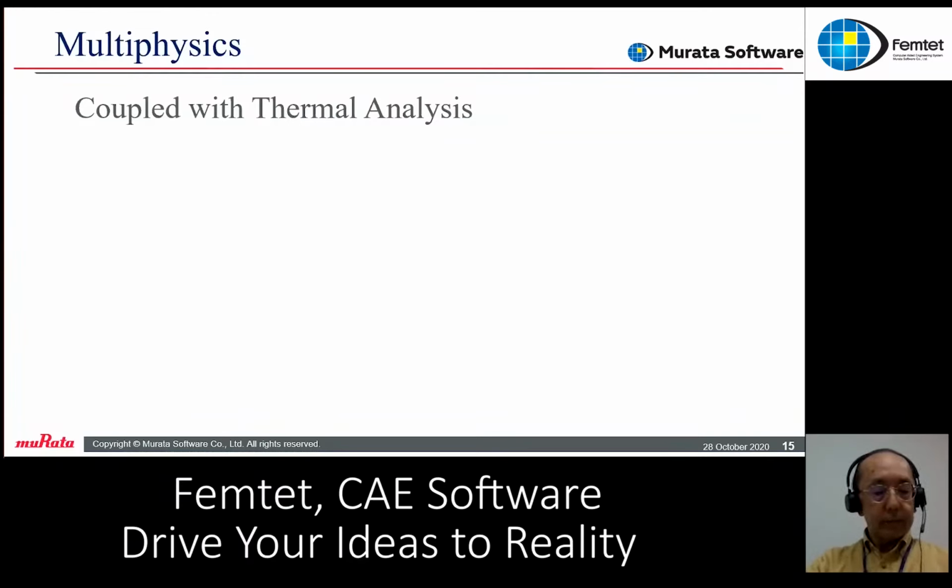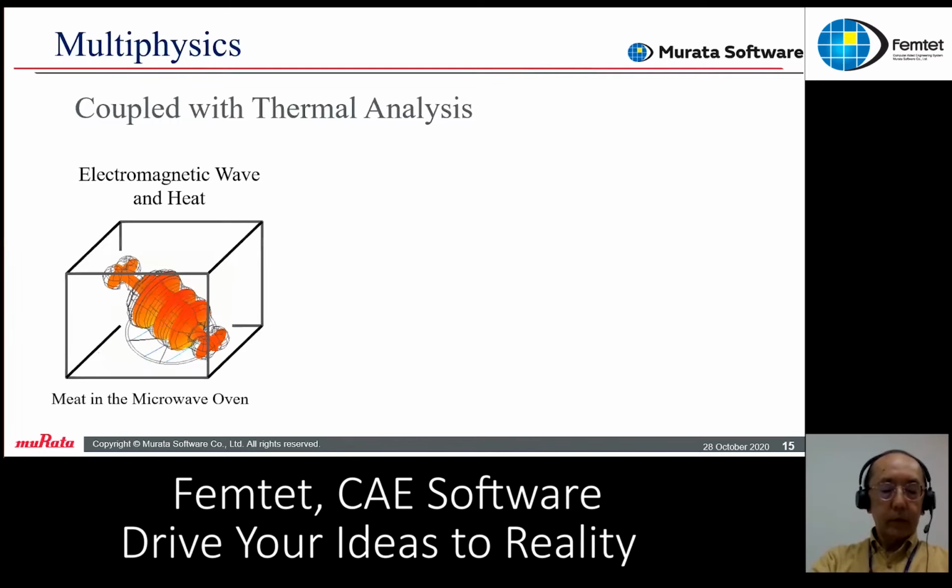As I mentioned previously, Femtet is capable of multiphysics. All three electrical solvers can be coupled with the thermal solver. When coupling the electromagnetic wave and thermal analysis, you can simulate the workings of a microwave oven, for example.